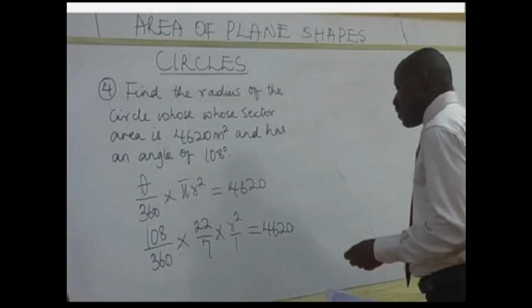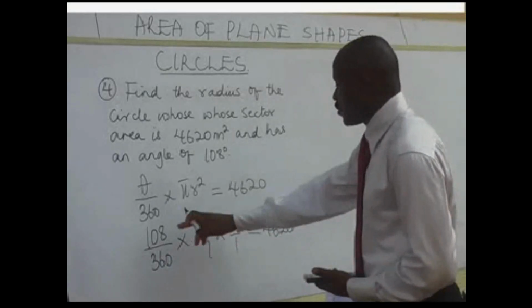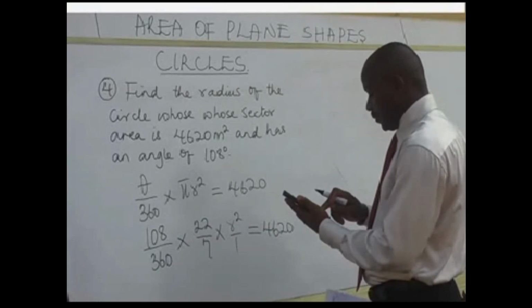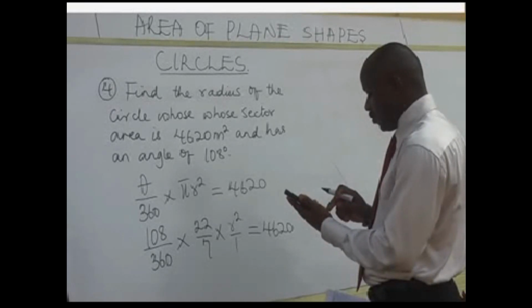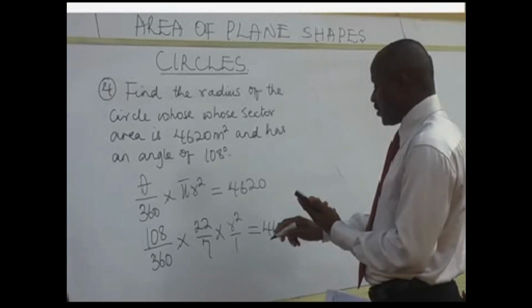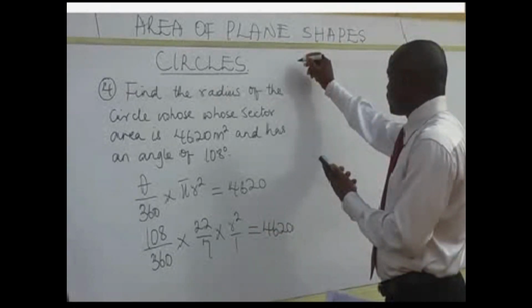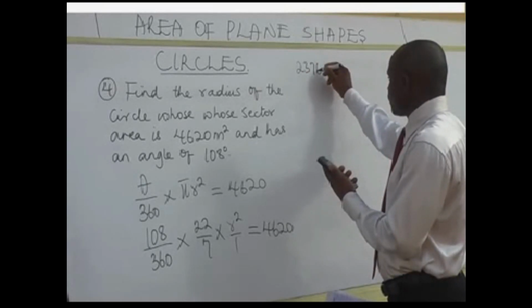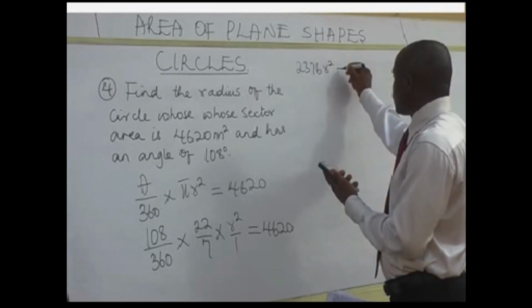Let's multiply out the whole numerators together. 108 times 22 is giving us, then times r squared is giving us 2376 r squared.